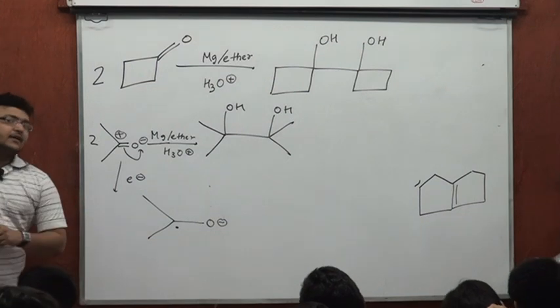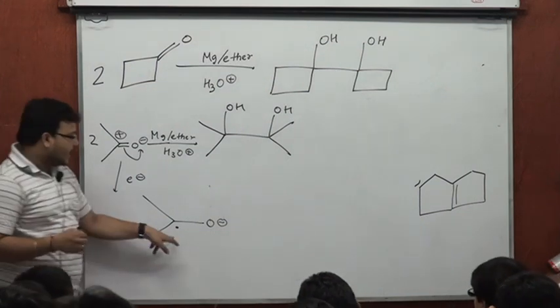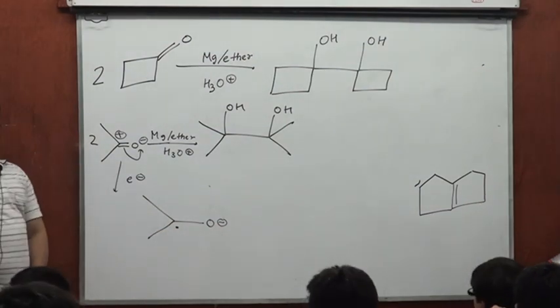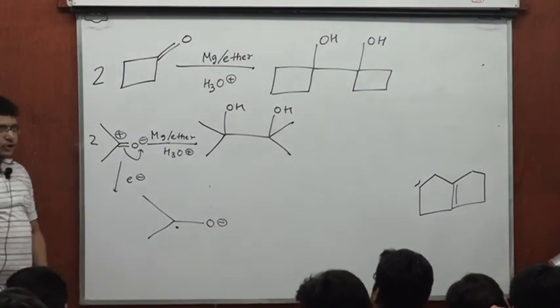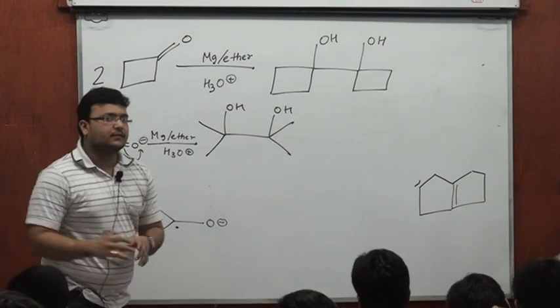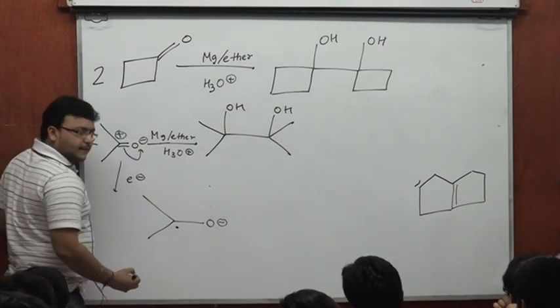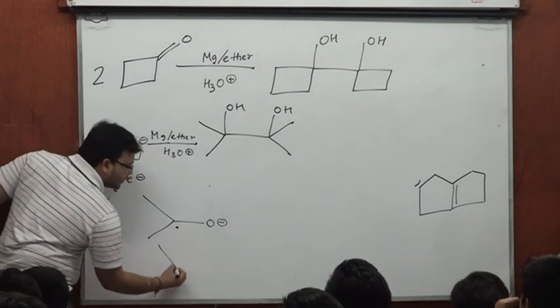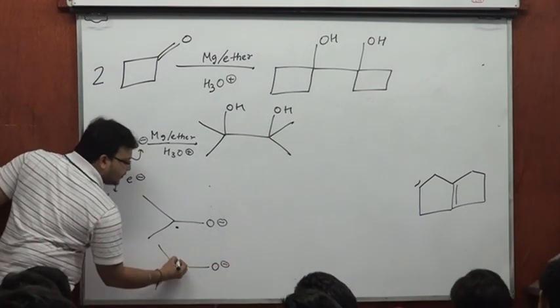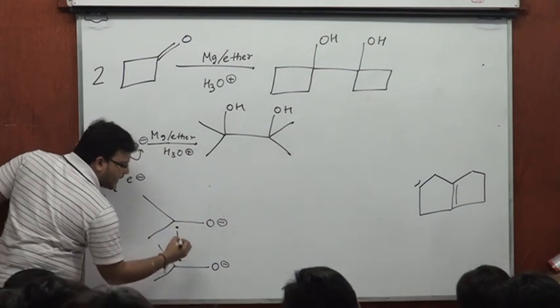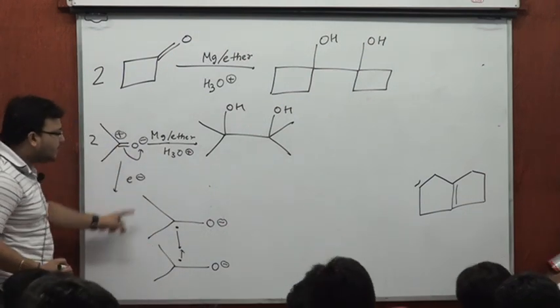Now realize again, the nomenclature is so justified, it's radical anions. Now free radicals, you know, are never stable. So two radical anions. Let me have the other one in this way, so that this would look more practical. Now these two could combine.